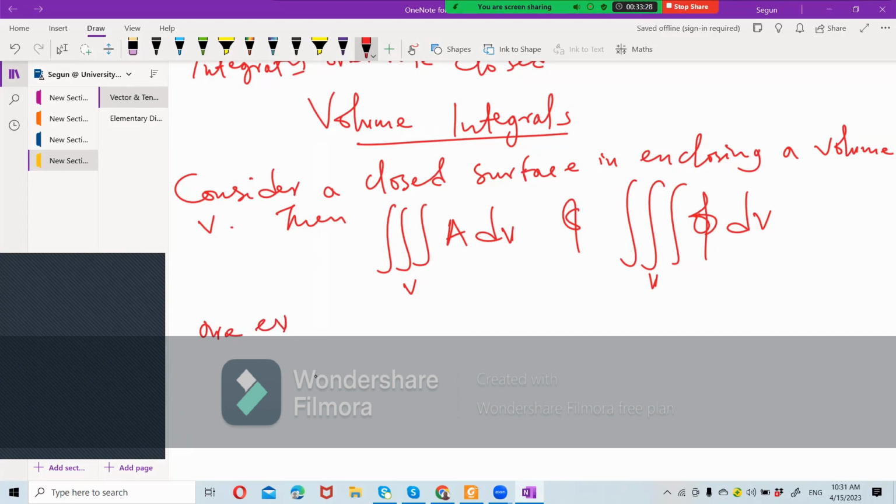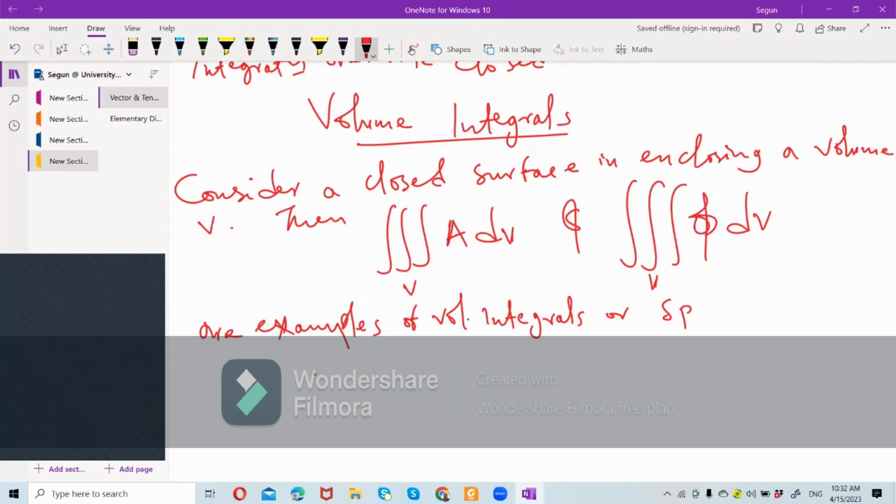Our example of a volume integral, or space integral. Yes, they call it space, volume or space integral. Please take note of that.